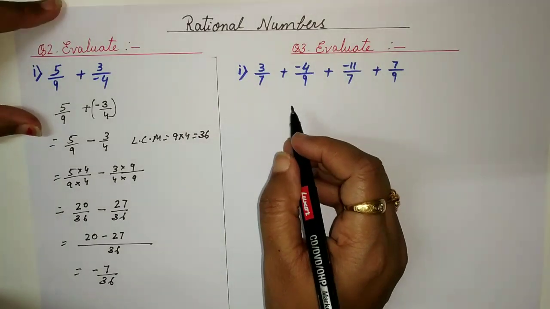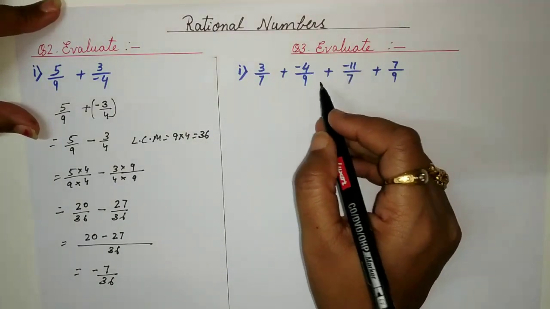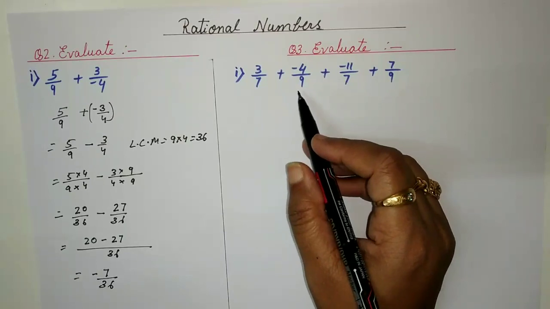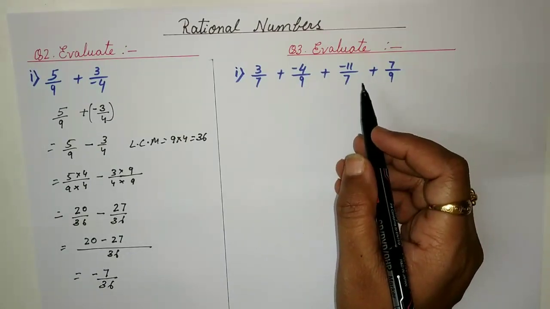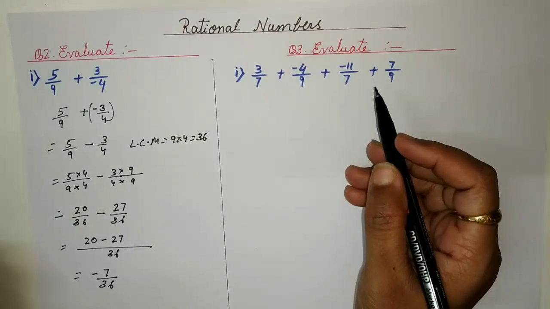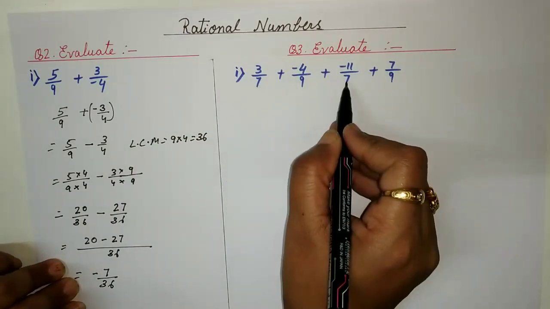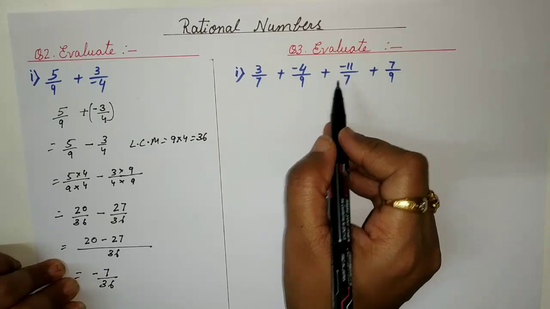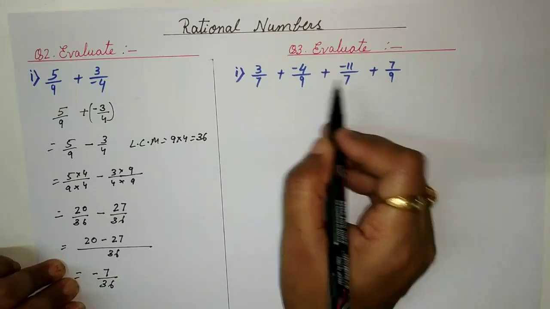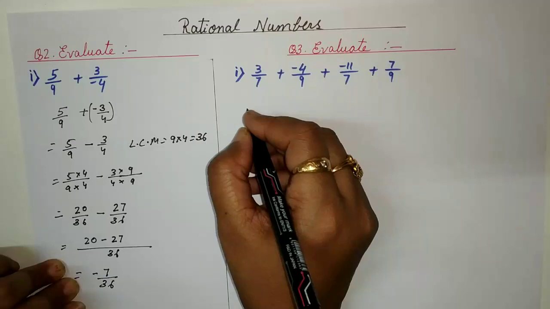The other question which I have taken is evaluate, and this is the one where there are many numbers with plus and minus signs. So what we see here is there are two fractions with 7 as denominator and the other two have 9 as denominator. So let's club them together.